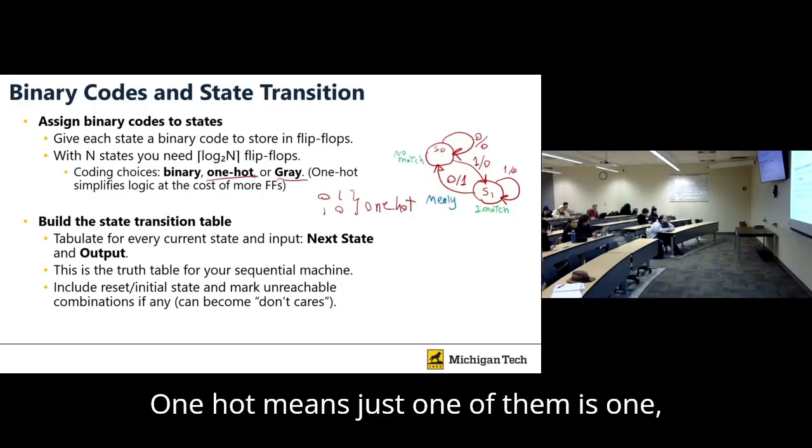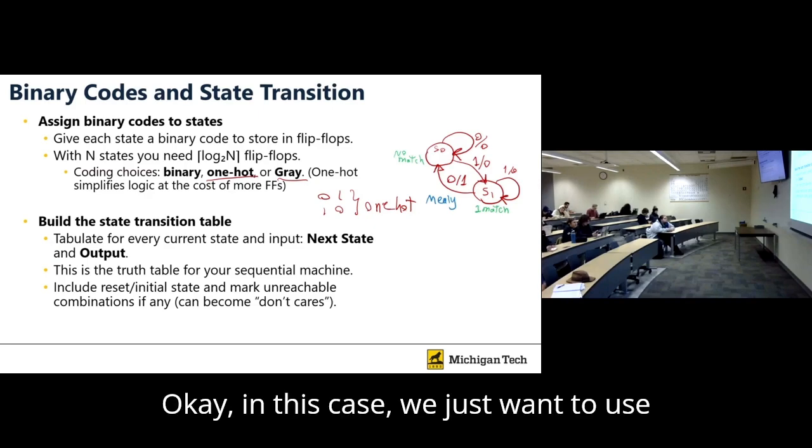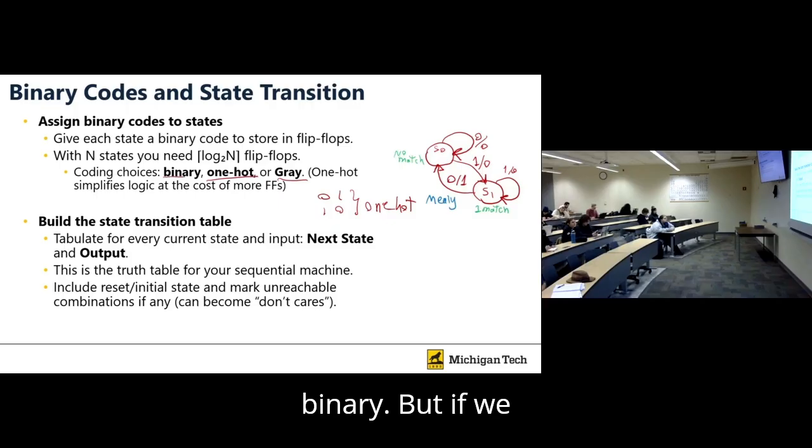One hot means just one of them is 1, the rest all 0. Okay, in this case, we just want to use binary. So if we use binary, for this example that we had, the sequence detector, we just need 1 flip-flop, 1 bit.